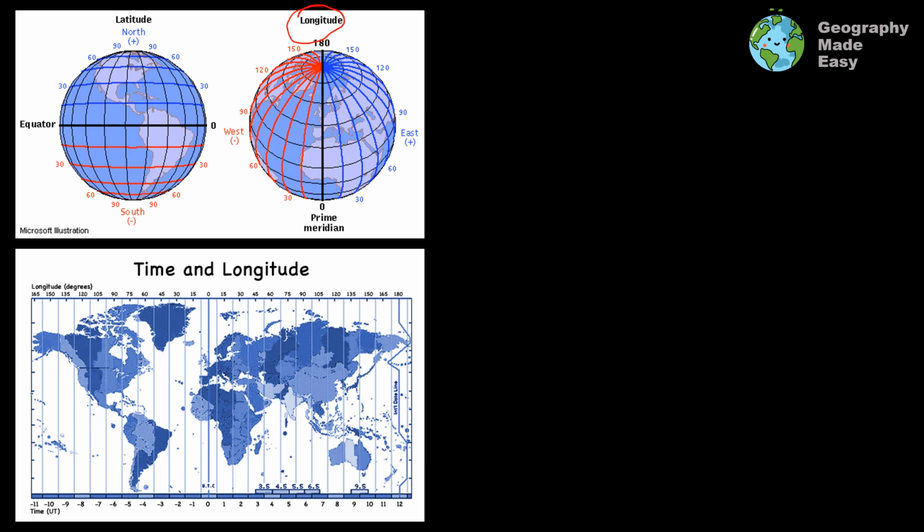So we know that the earth is divided into sectors. One is the latitudes, which are parallel lines drawn in such a manner that they divide the earth into north and south, and we have the longitudes which divide the earth into two halves, the east and west.